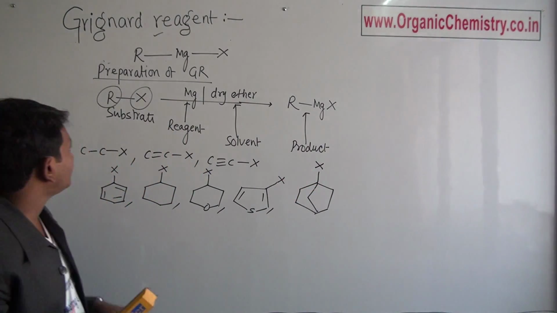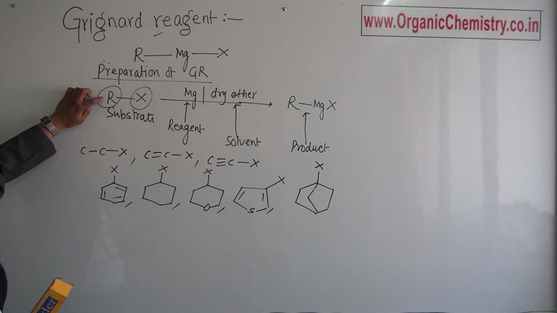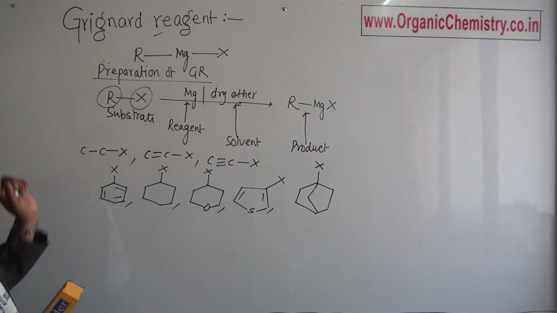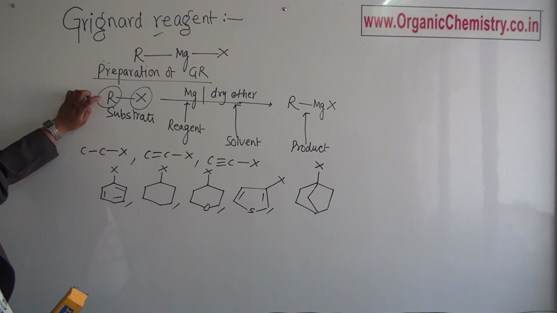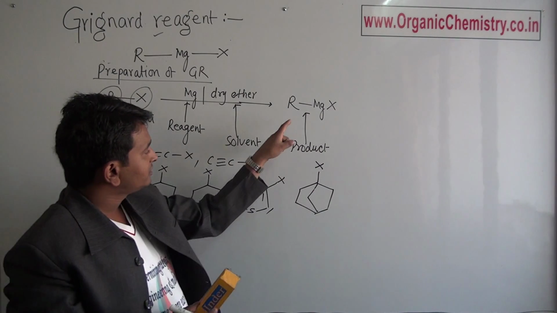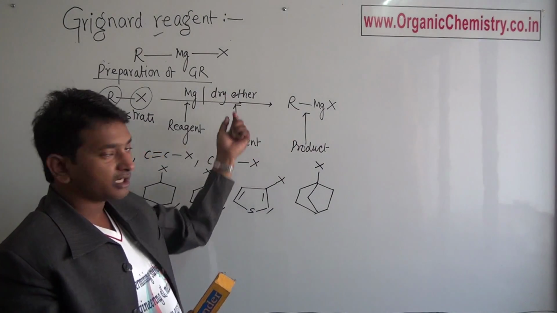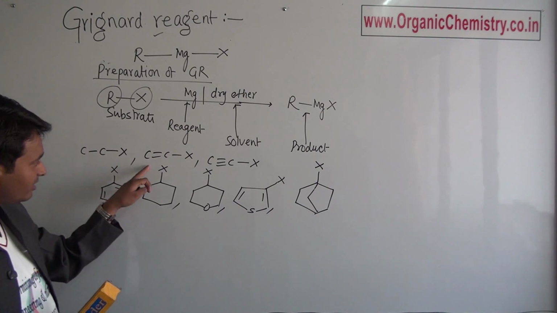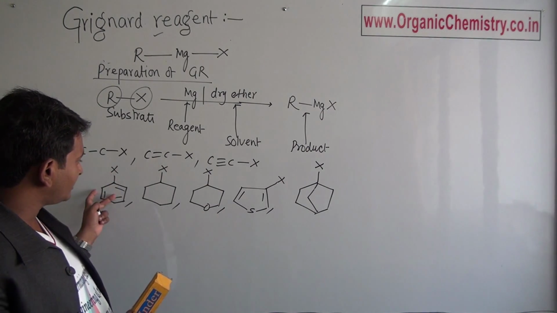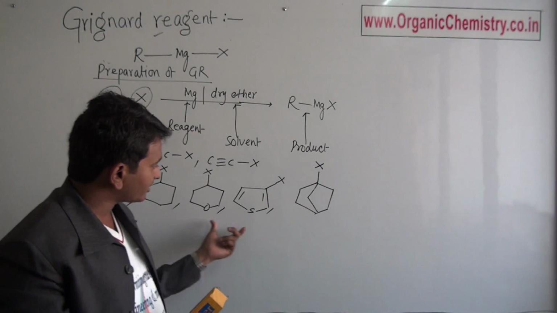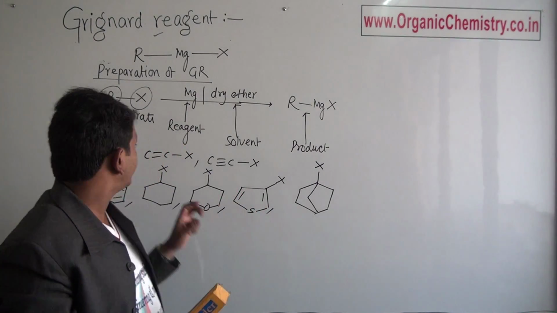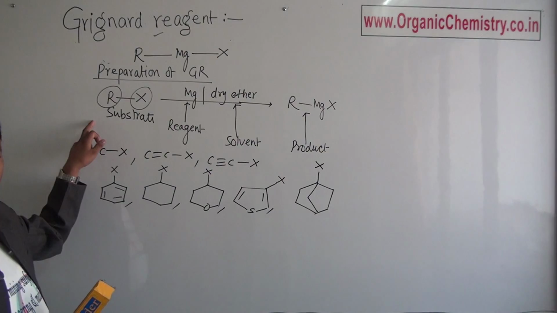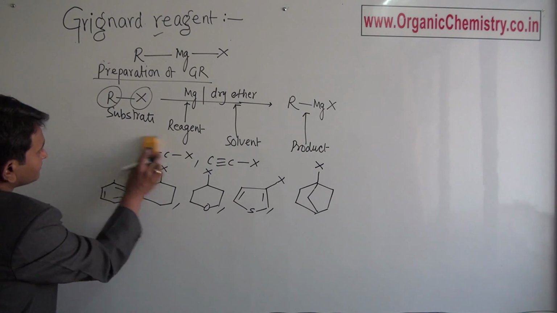That is, we can take any type of R of alkyl halide. But one thing is clear: this R does not have acidic hydrogen or a partial positive carbon where the negative part may attack. So the important part is this. R may be single bonded, double bonded, triple bonded, aromatic, aliphatic, alicyclic, heterocyclic, anything, but it does not have acidic hydrogen or a partial positive center.